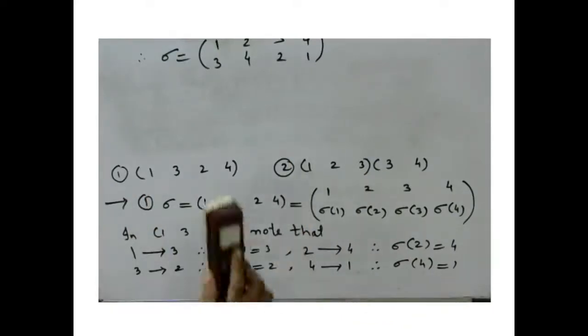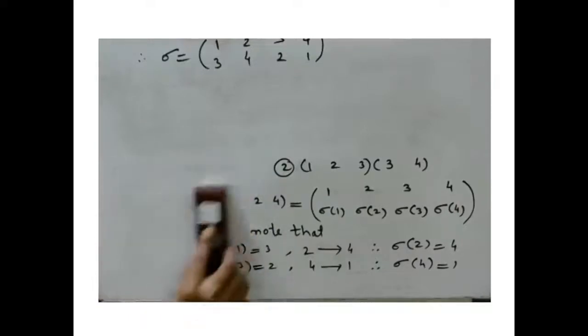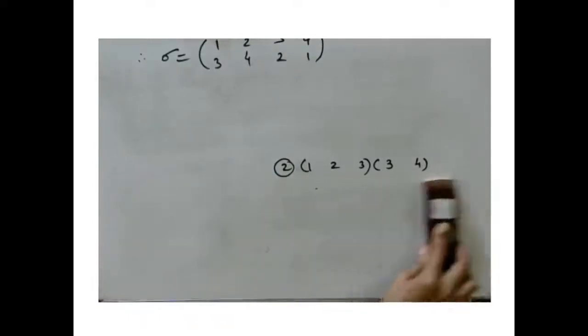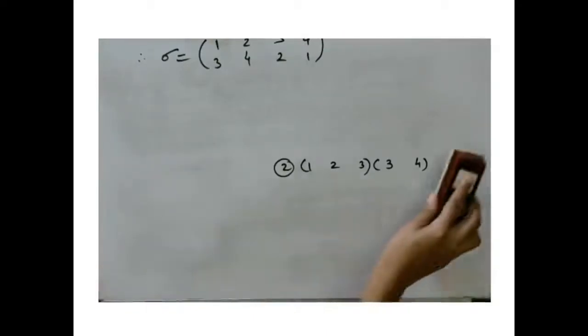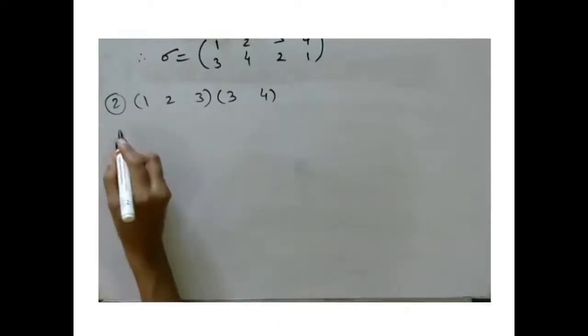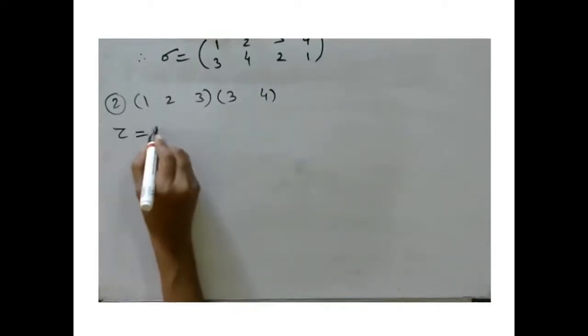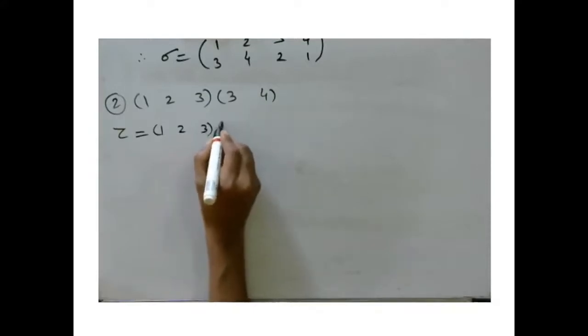Let us see the second example. The second example is multiplication of two cycles. So the second is (1, 2, 3) into (3, 4). Let us call this tau.